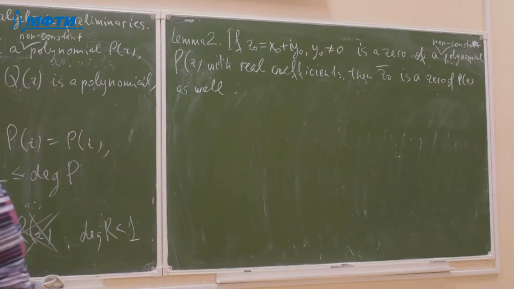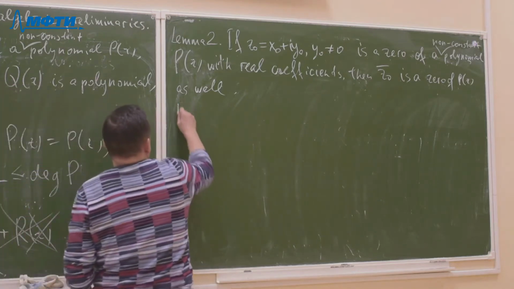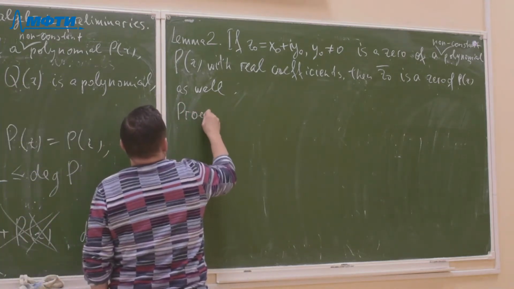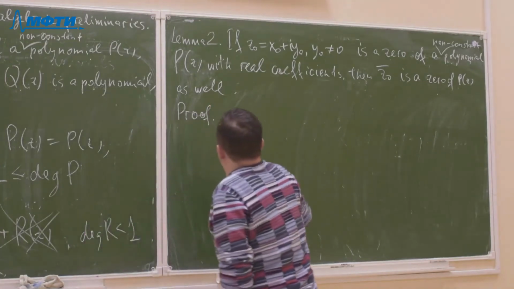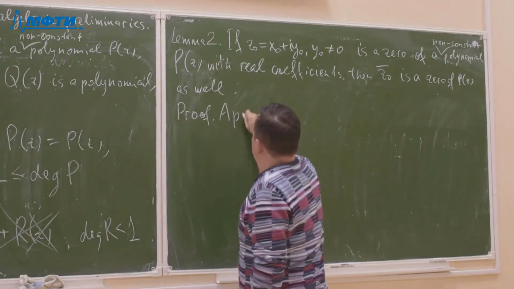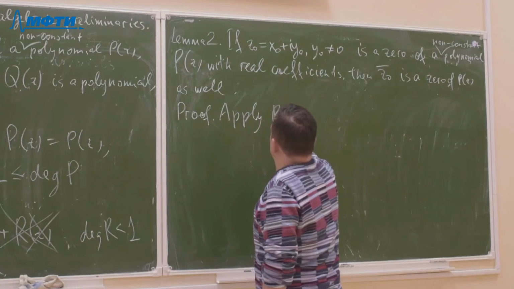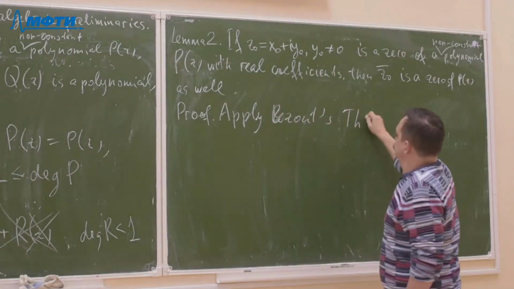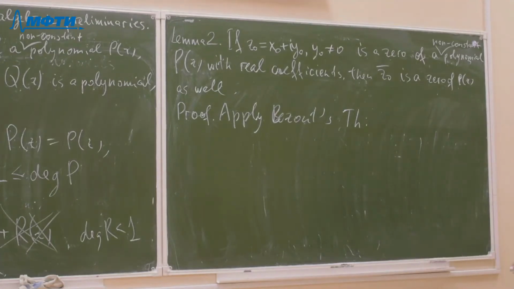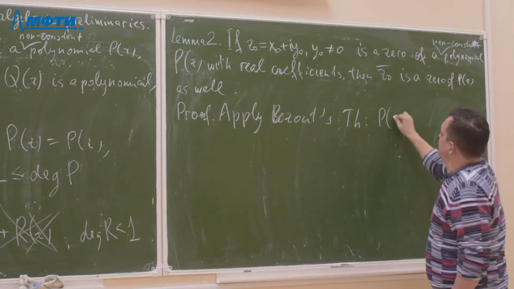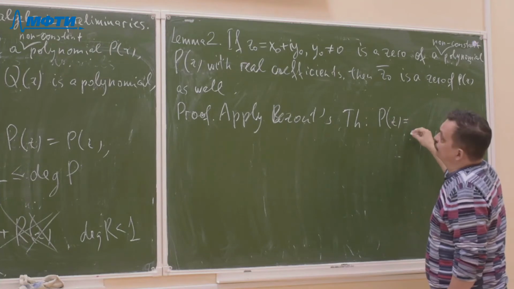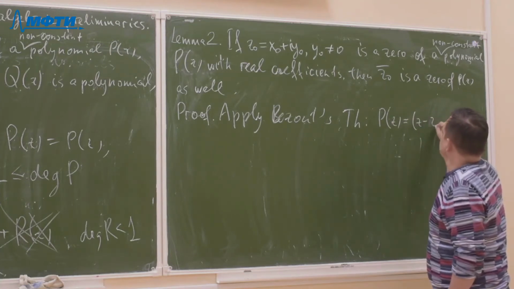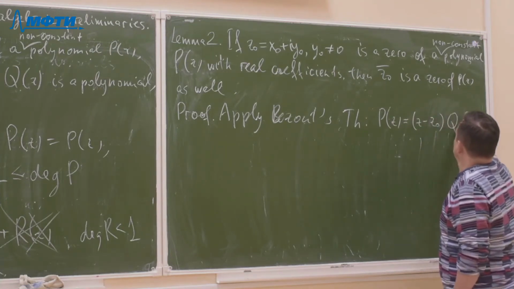Okay, so let's prove this result. Proof. Apply Bezout's theorem. So we can write p of z equals z minus z naught times q of z.